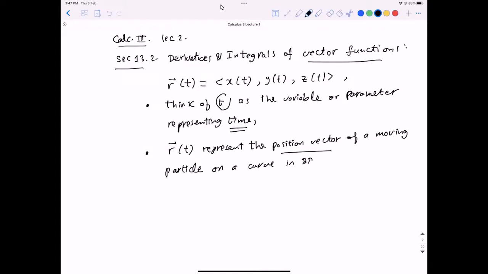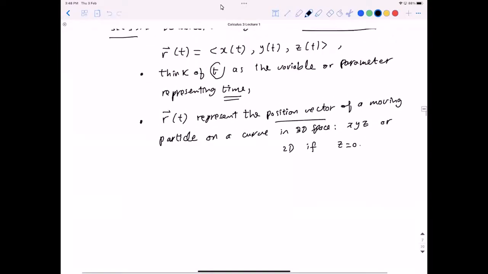In 3D space, meaning x, y, z, or 2D if z is 0. If you are given z is 0 or not given z at all, then we are moving in a plane, some particle moving in a plane.